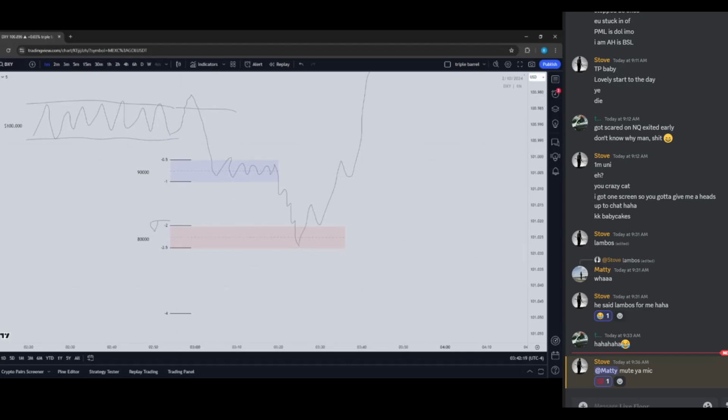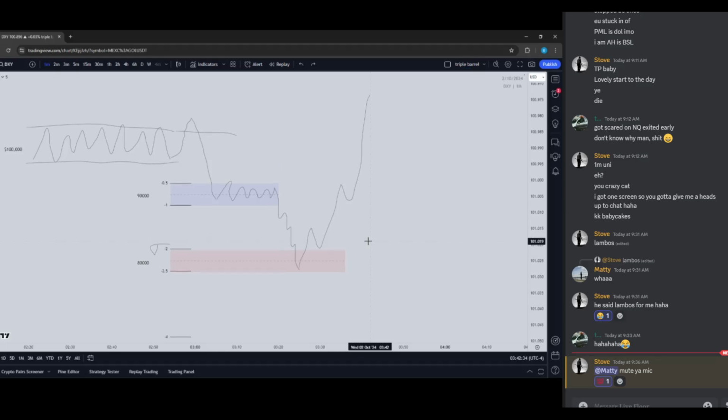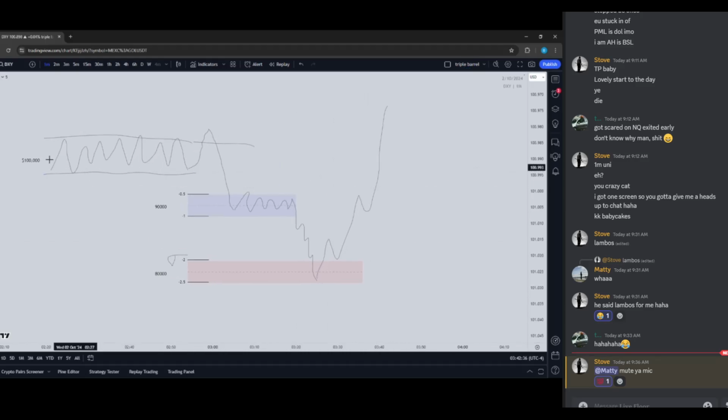Because the chances of price continuing down here are close to less than 5% because we're right at the tail end of that distribution curve.